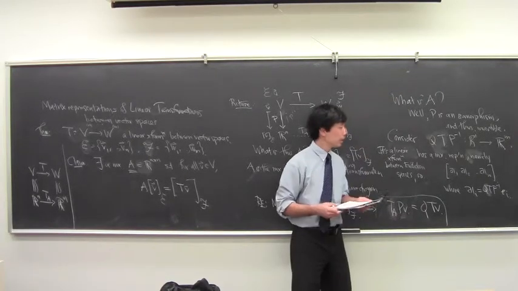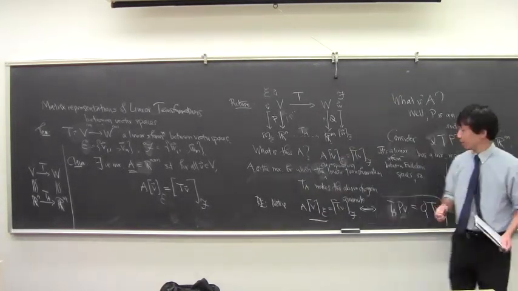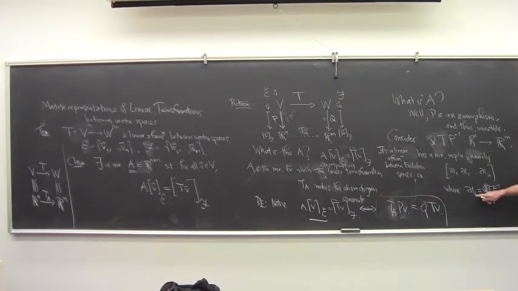So that sort of tells us what the matrix representation is, what A is going to look like. What's P inverse of E_i?